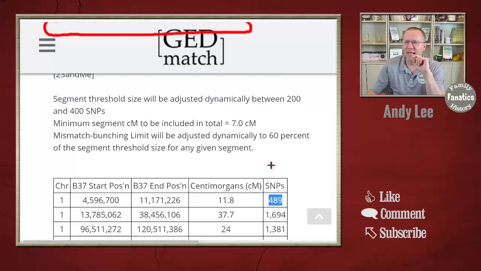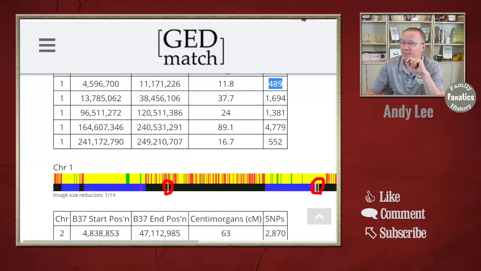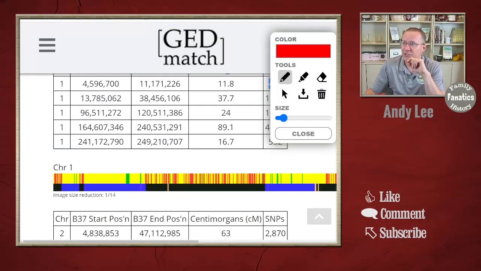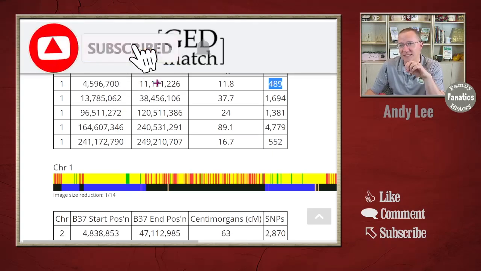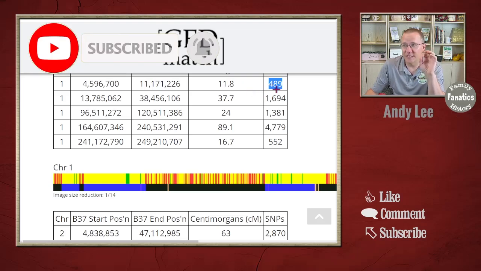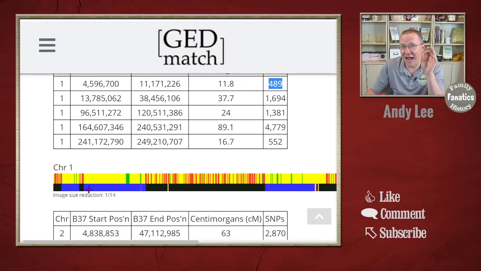That brings me to my next point when we're looking at the graphic. The table, as I mentioned, shows us the start and end position of that segment. It tells us the centimorgans and how many SNPs. Graphically, though, what is being shown is SNPs.